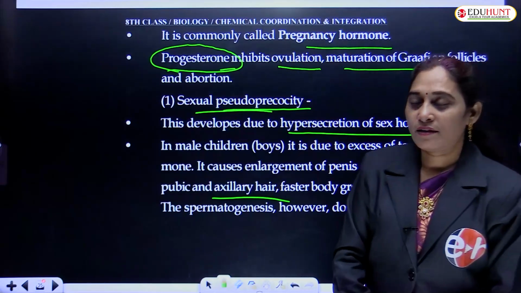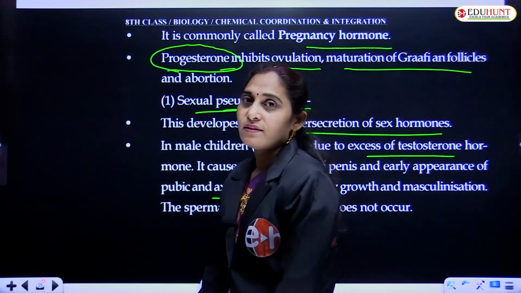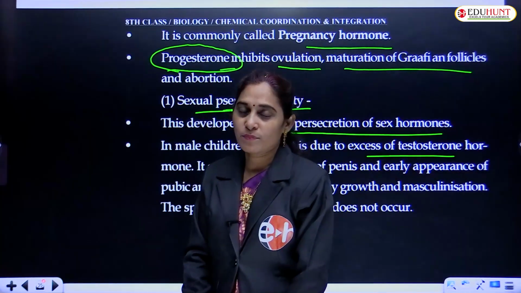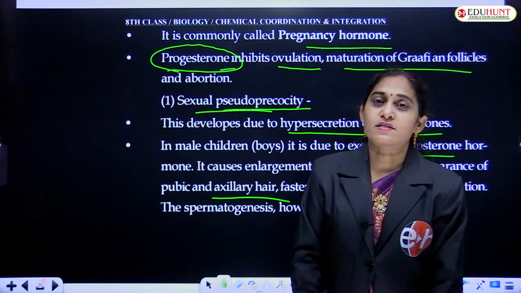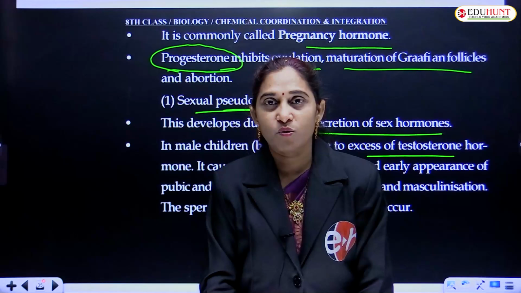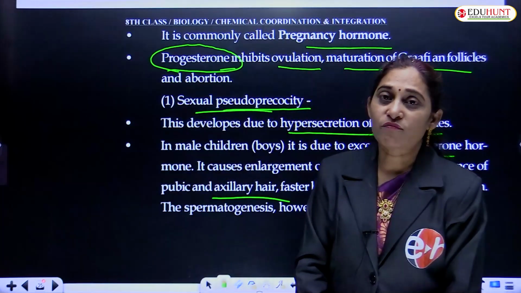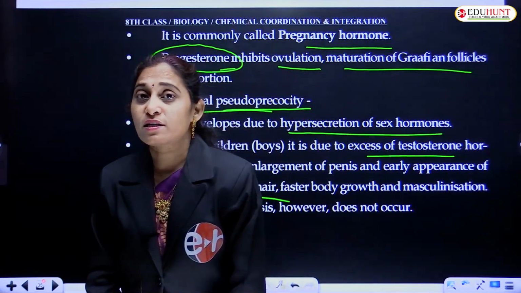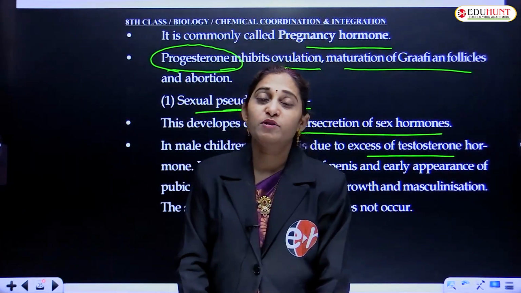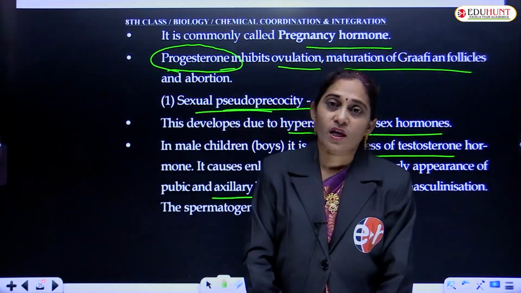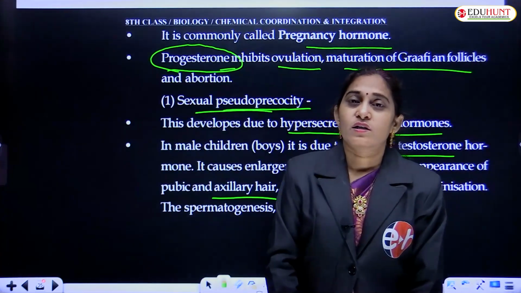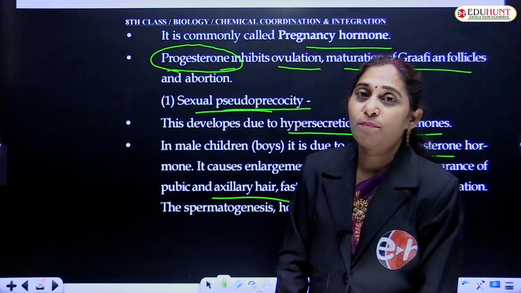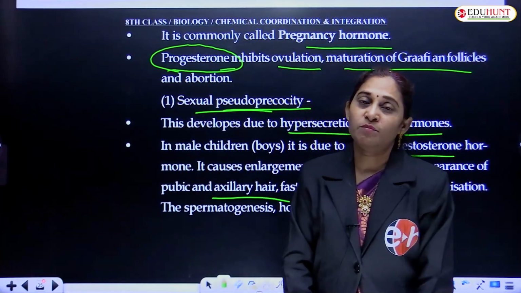testis and ovaries are the gonads. Testis are male reproductive organs and ovaries are the female reproductive organs. Testis release the testosterone hormone which is responsible for release of sperms, spermatogenesis, that is gametogenesis, and also this is important for the development of secondary sexual characters in males.